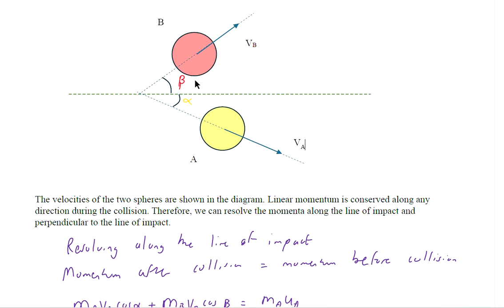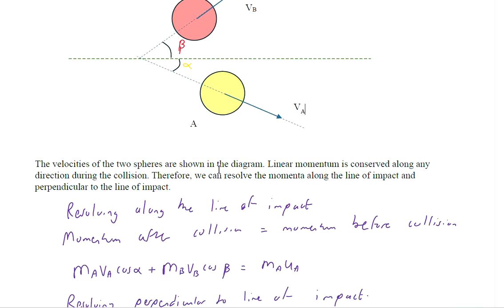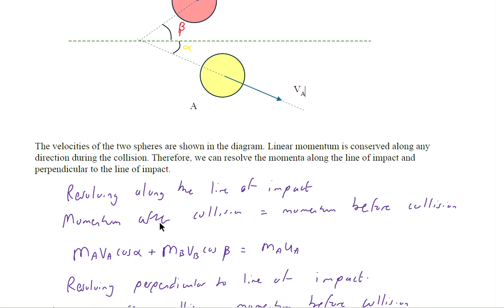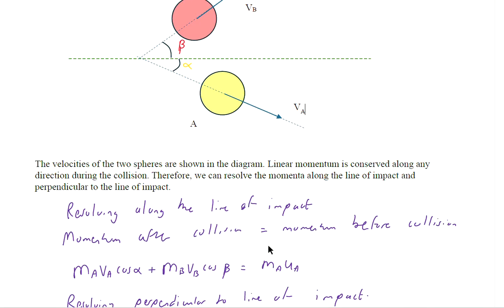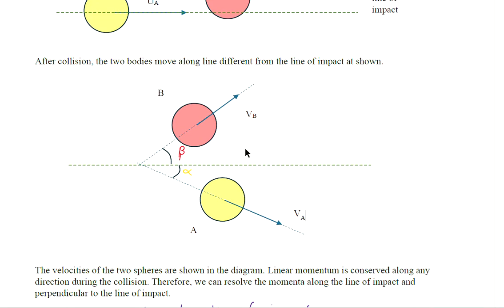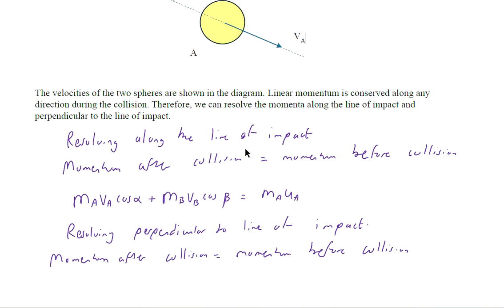Similarly, for B it is going to be MBVB cos beta. Notice that both components are to the right, that is, both are going to be positive. This is going to be the same as the initial momentum before collision, which is going to be mass of A times the initial velocity. The initial velocity is already along the line of impact here. So if you look at the result, we're going to obtain this equation.